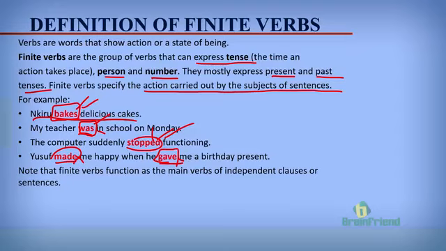Now note that finite verbs function as the main verbs of independent clauses or sentences. Independent clauses are sentences that can stand on their own and make meaning. So finite verbs always function as the main verbs of sentences or independent clauses.